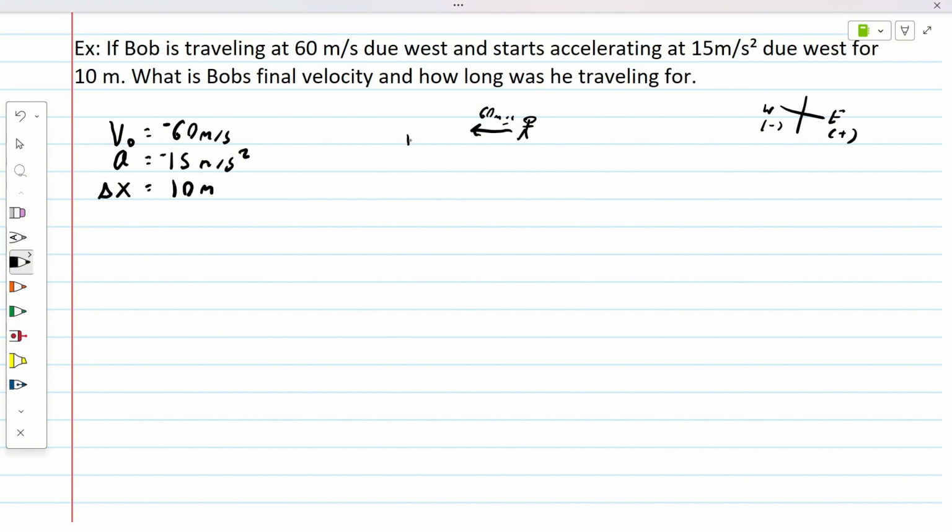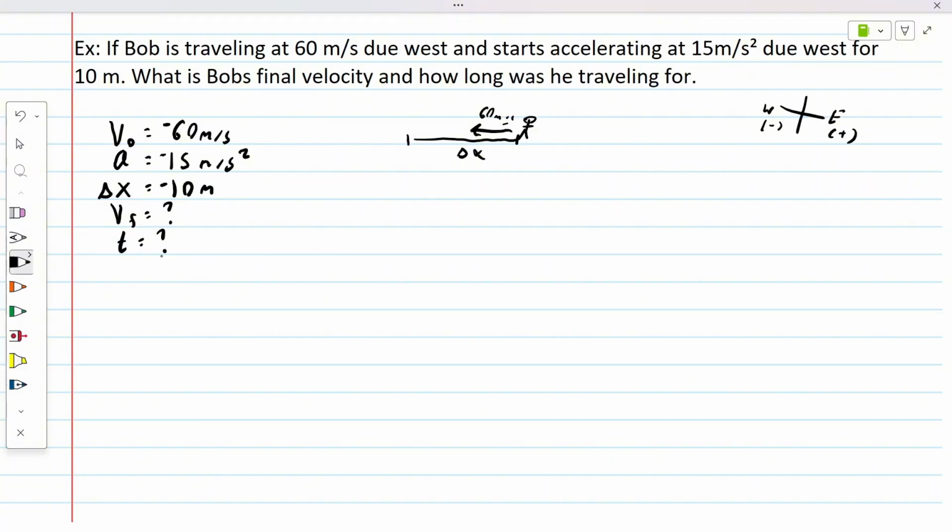This change in x that he travels is also going to be in that direction, so we will also have to use a negative sign here to denote that. And so we want to know what is the final velocity and what is the time, how long was he traveling for. Alright, so this is what we're given.